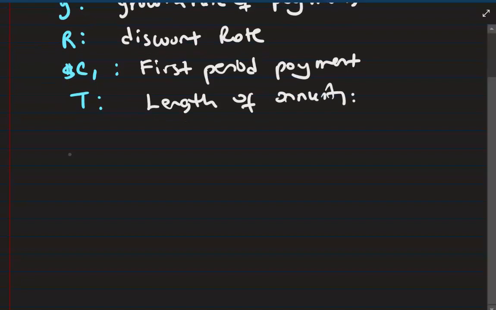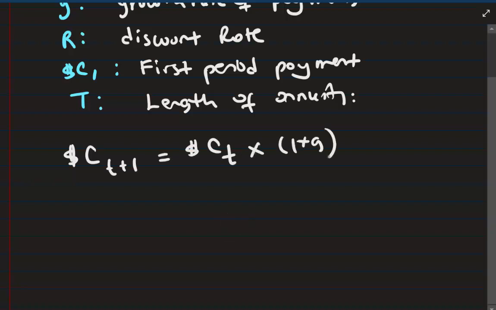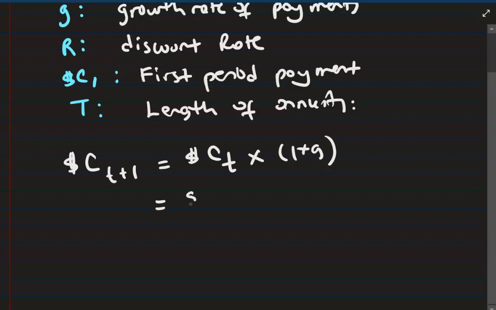So in general, if I wanted to know the payment for time t plus 1, that's equal to the payment for time t times 1 plus g. And if you iterate this, you will find that that is equal to the first payment times 1 plus g raised to the power t.